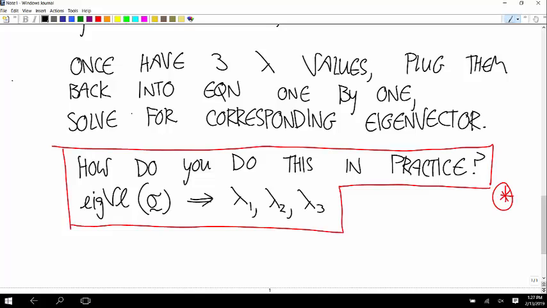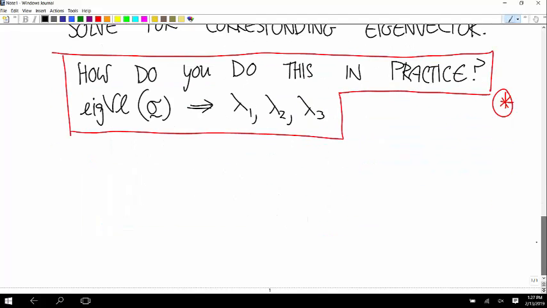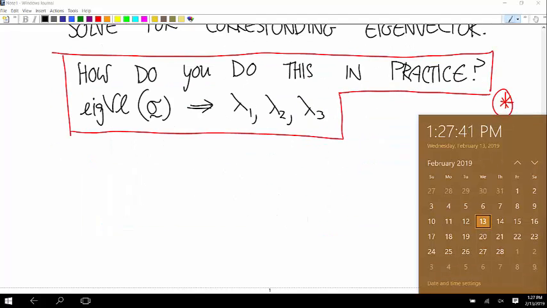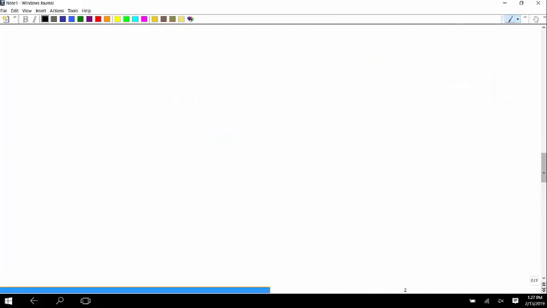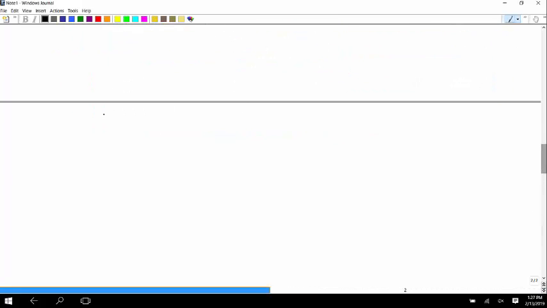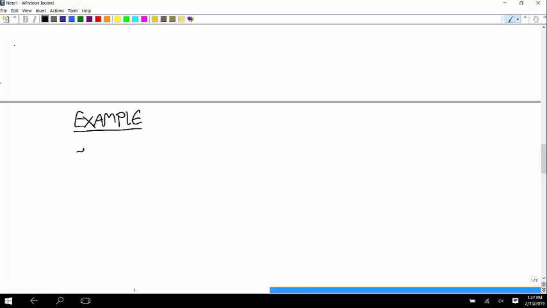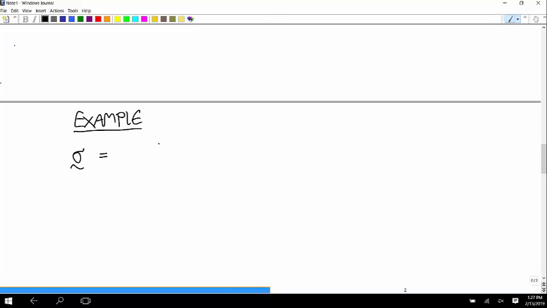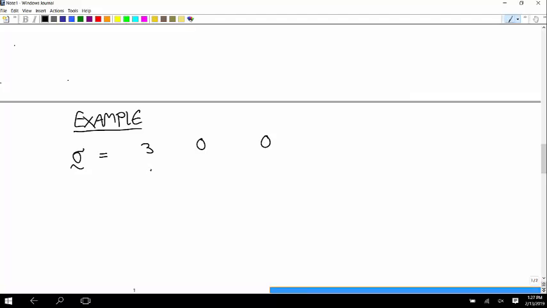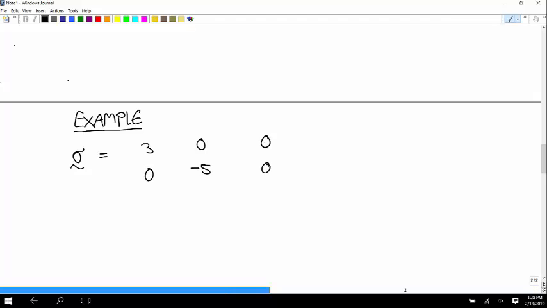All right, so let me do an example. I guess I'm going to do a couple examples. We're going to start with the stress tensor 3, 0, 0, 0, negative 5, 0, 0, 0, 0 in megapascals.